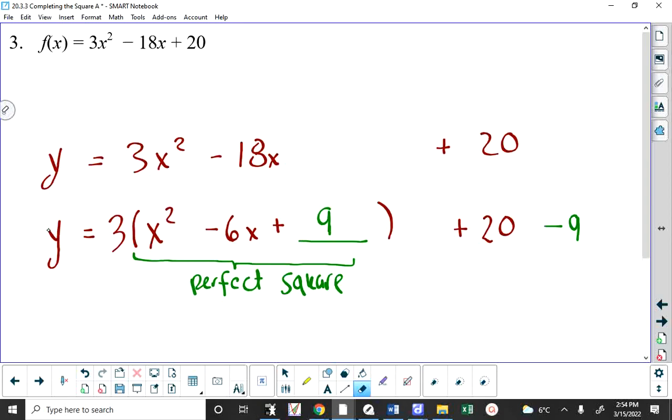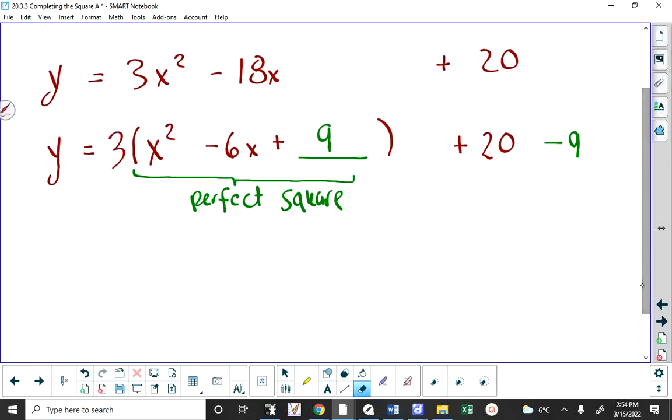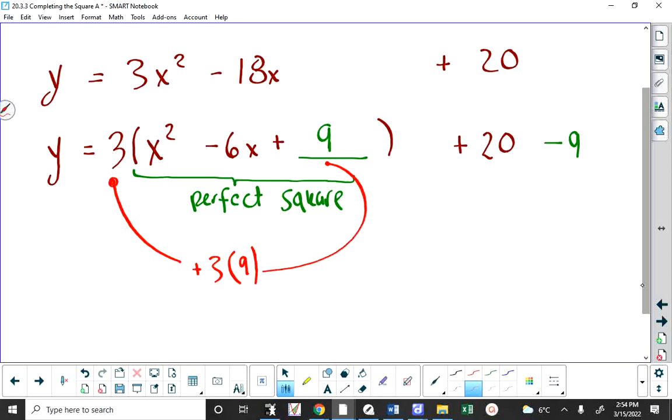Because there's a 3 outside that set of brackets. This is what I've added. I have added the 3 times the 9. I've added 27 to the right side of the equation. So I have to take away 27.